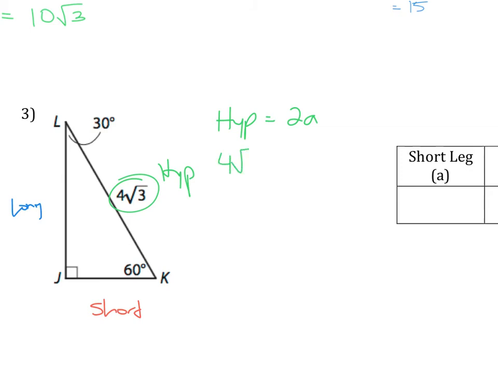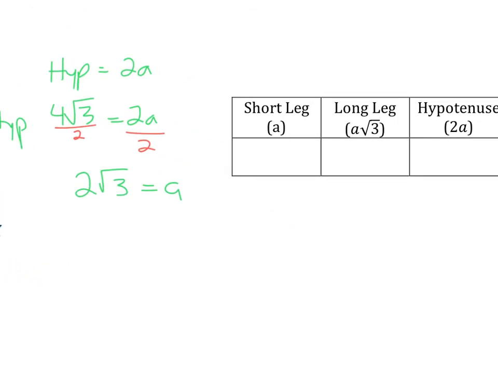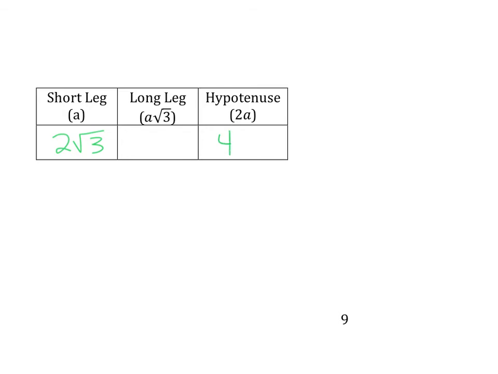So 4 square root 3 must be 2a. So if we divide by 2, 4 divided by 2 is 2 square root 3 equals a. So our short leg a is 2 square root 3. Our hypotenuse, we already knew, was 4 square root 3.